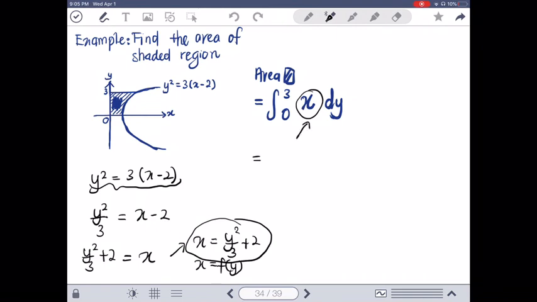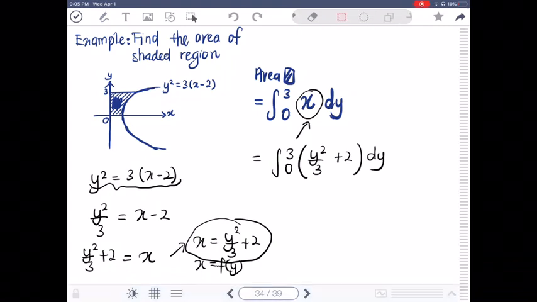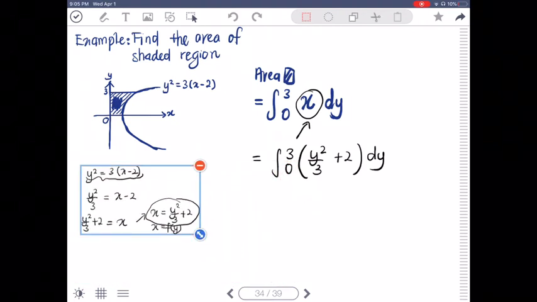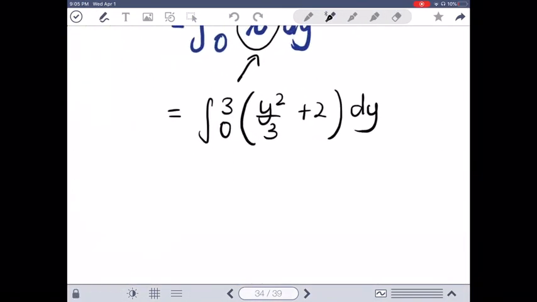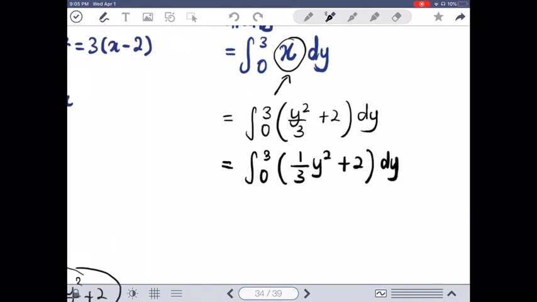Okay, so this is just equal to the integration from 0 until 3 of y squared over 3 plus 2 with respect to y. So we integrate as usual. Okay, let me resize this first. So we integrate as usual, becomes equals to, let me write like this, 0 until 3 of 1 over 3 y squared plus 2 with respect to y.